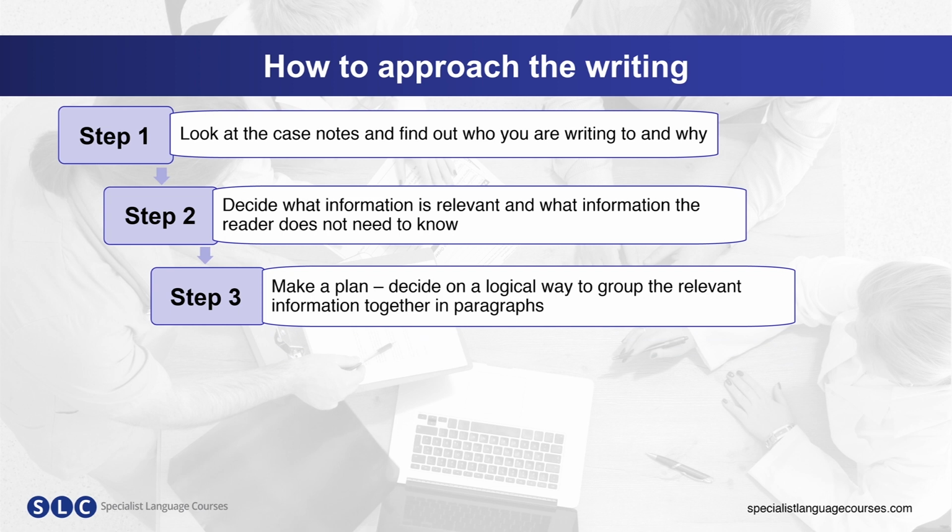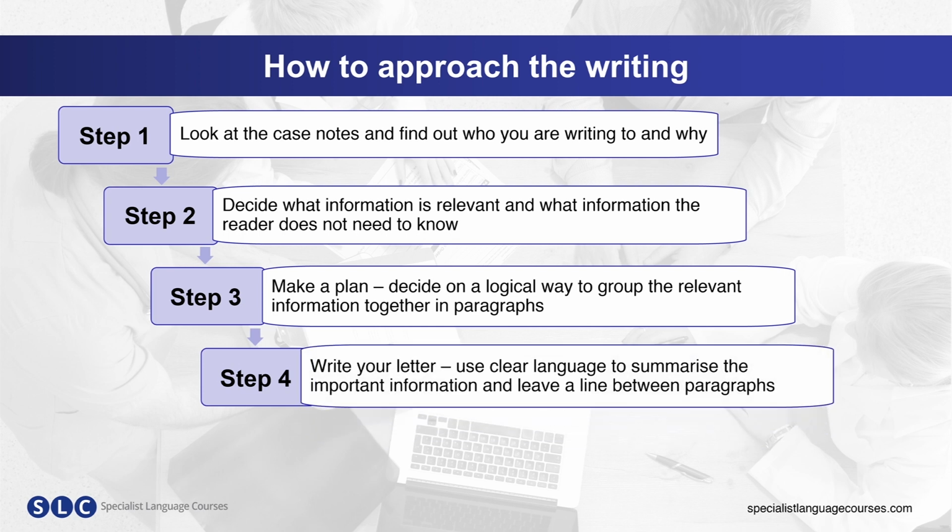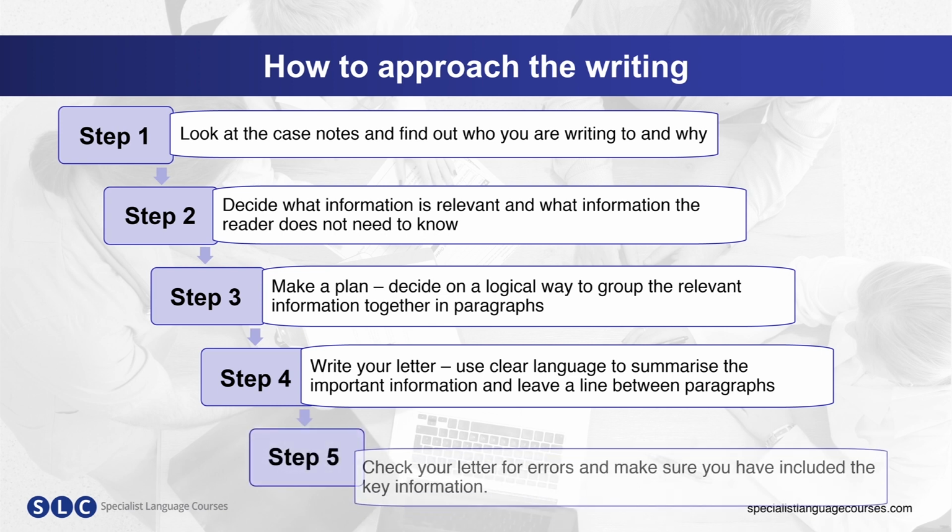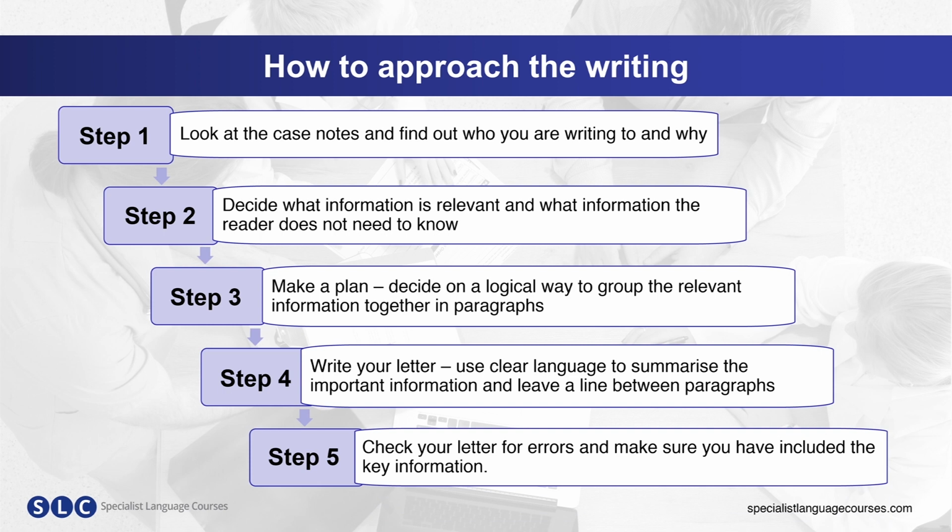Decide on the logical way to group the relevant information together in paragraphs. Step 4 is write your letter. Use clear language to summarize the important information and leave a line between paragraphs. And step 5 is check your letter. Check your letter for errors and make sure you have included the key information.